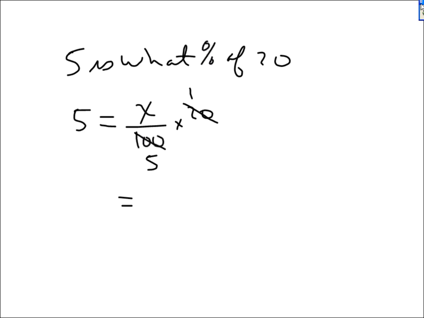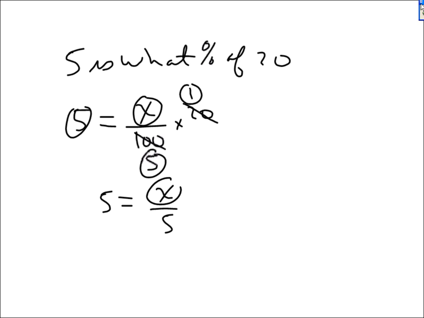So what survives on top is x times 1, which is x, divided by 5. And that equals 5. What is x equal? Whatever 5 times 5 is. That's what x equals. X is 25. 5 is 25% of 20.